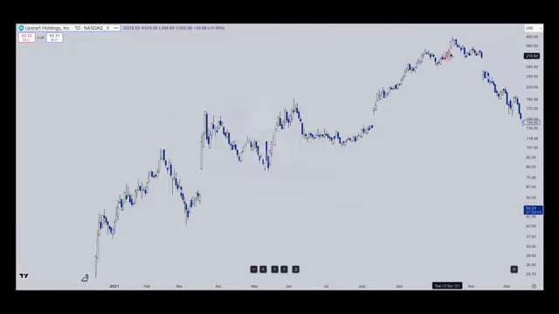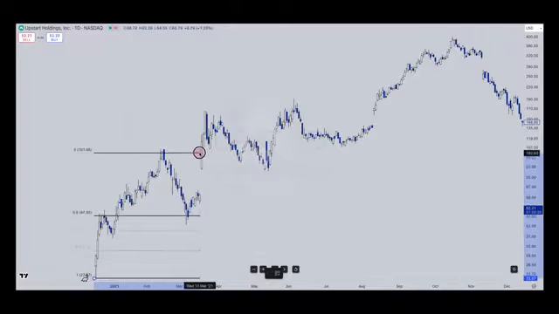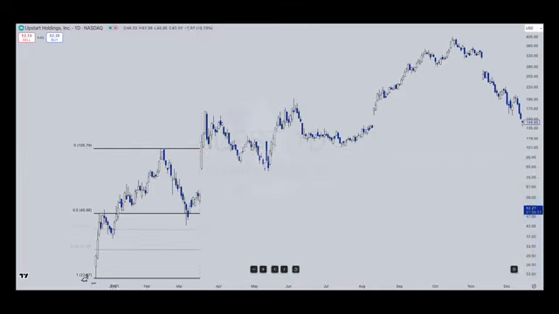Now let's try to plot this range on the price chart. You can see that between the low of 22.61 and the high of this candle, which is 105.58, a range is created.